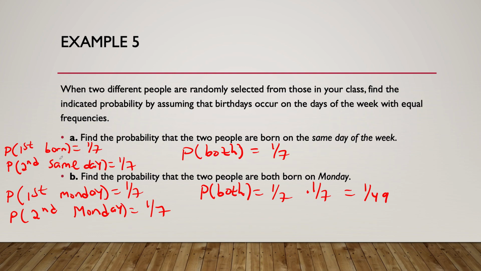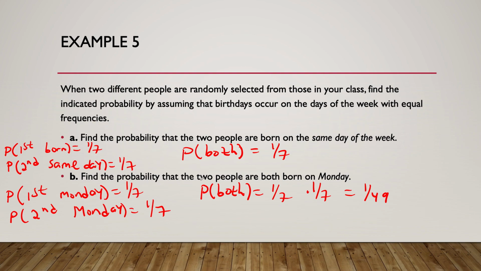We know that the probability of the first born on a day in the week is 1/7. The probability that the second person is born on that same day is also 1/7. So the probability that both are born on the same day is 1/7, due to the fact that we're referring to just any day of the week.